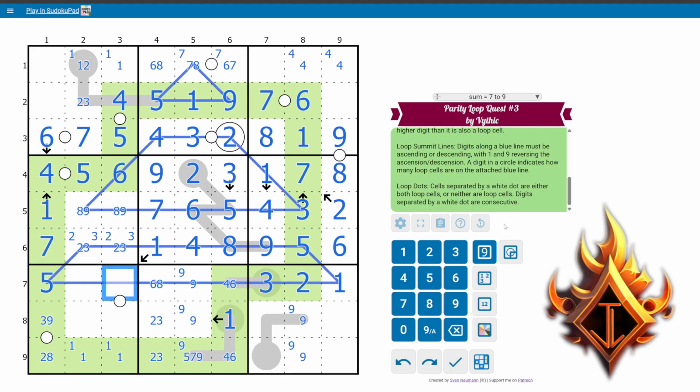If that's 8, the 9 can go on either side. Hmm. Oh, this can't be 6. Right. We have a 4-6 combo right there. So that is 8. That will do all of that. This will become a 7-9. This will be 5-7-9 with that one.